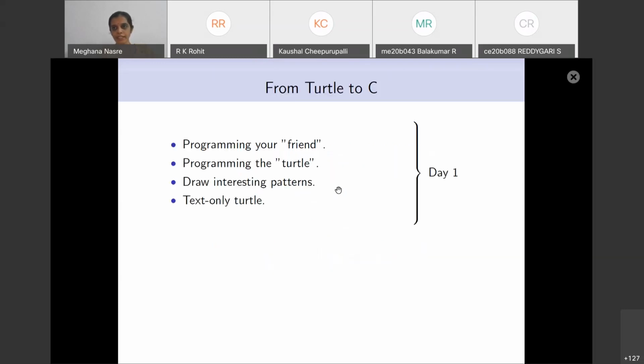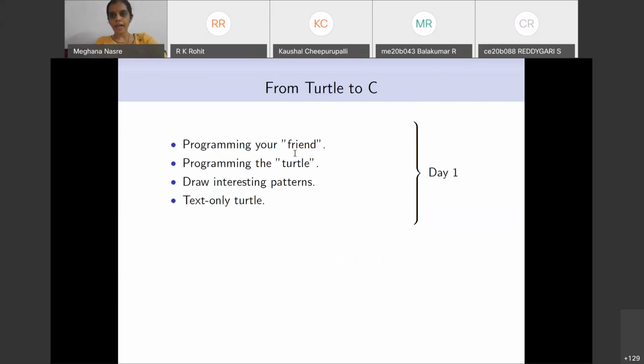So what we did in yesterday's two classes was that we programmed our friend Vidushi. We asked her to do certain tasks for us. We'll call this the exercise that we did as programming. Then we programmed the turtle and we drew some interesting patterns.